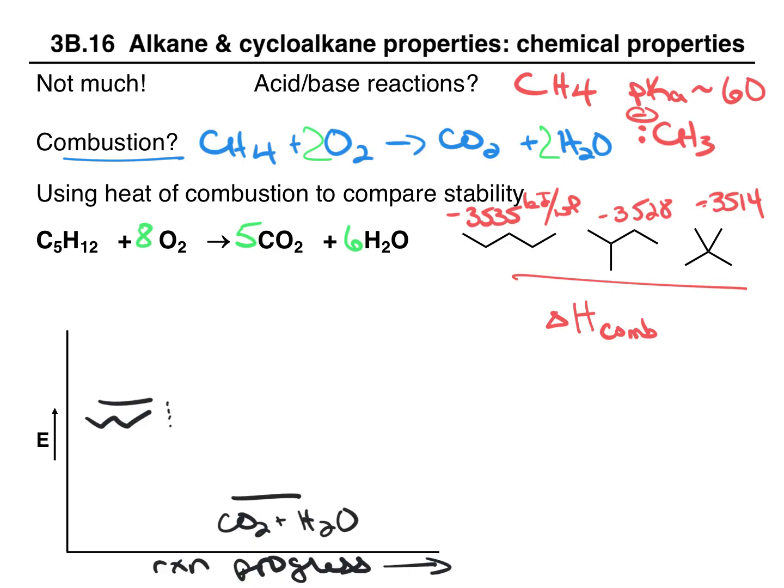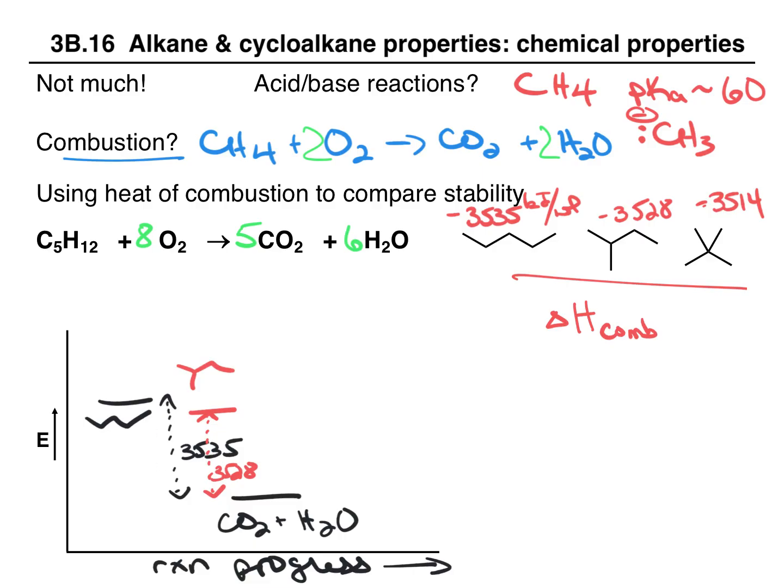And then this difference is 3535. Now I'm going to reuse this space, but using a different color. If we have this representing 2-methylbutane, now this difference is 3528. So it's a smaller distance. The red is a smaller distance than the black.